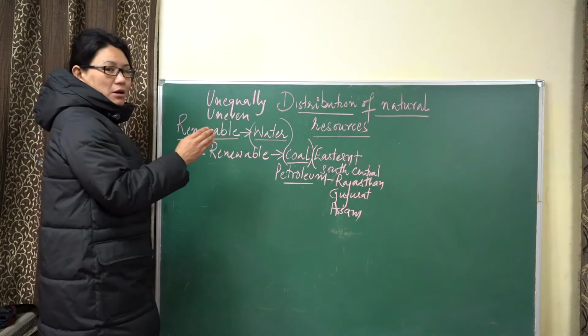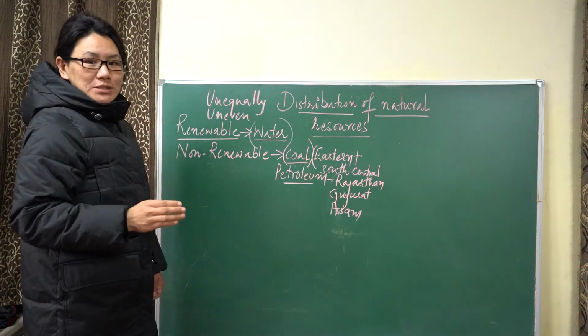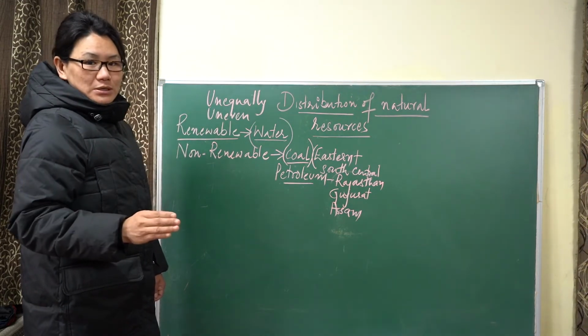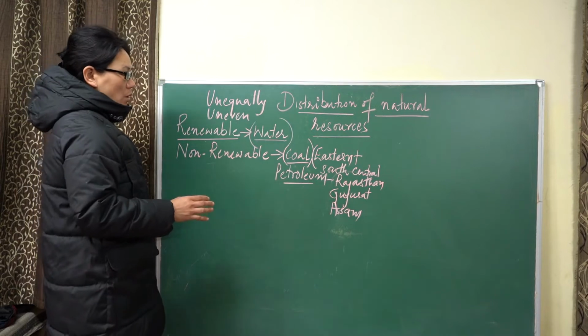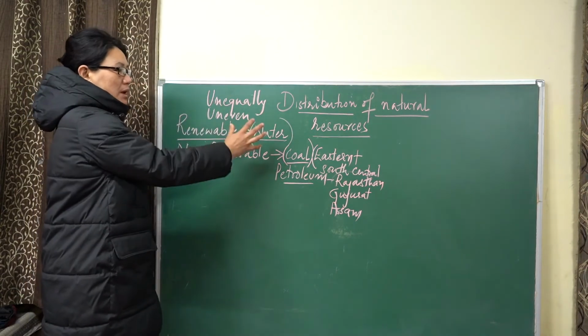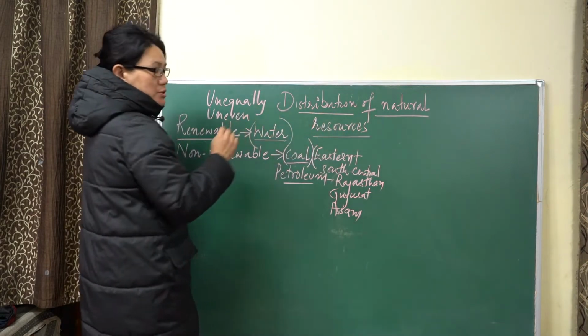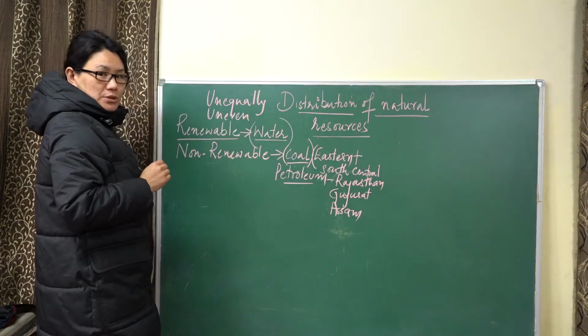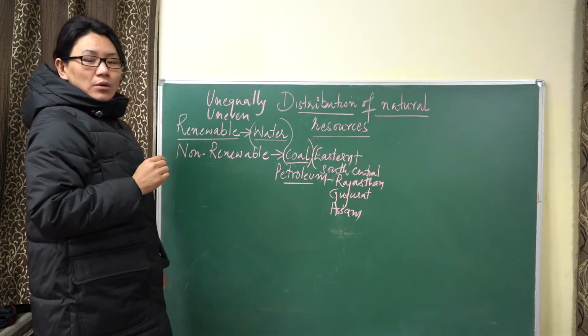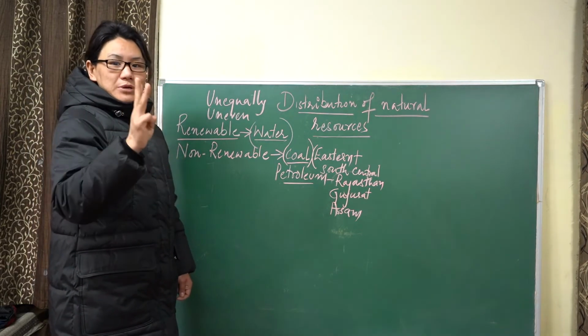And even the amount of such resources differs. Now what could be the reason behind such unequal distribution of natural resources? It is because of three factors.